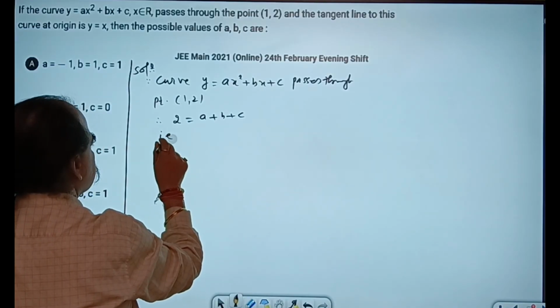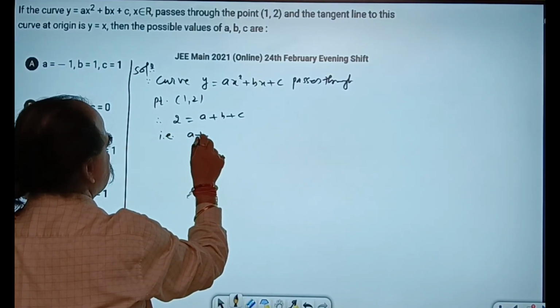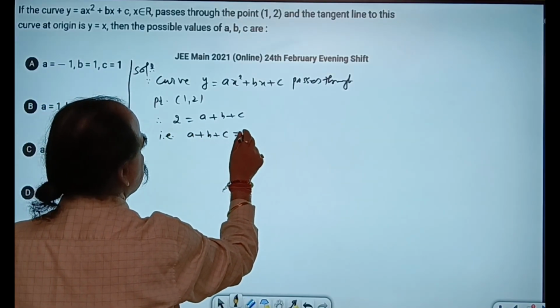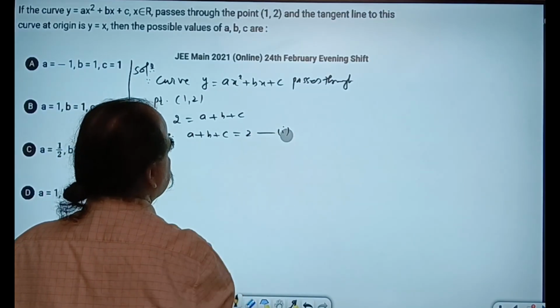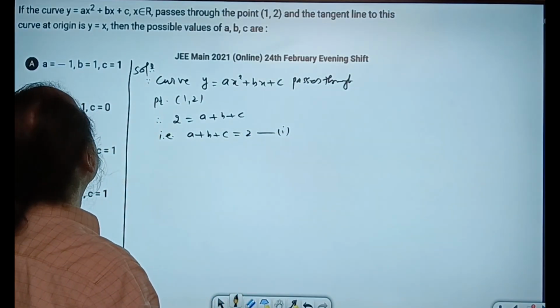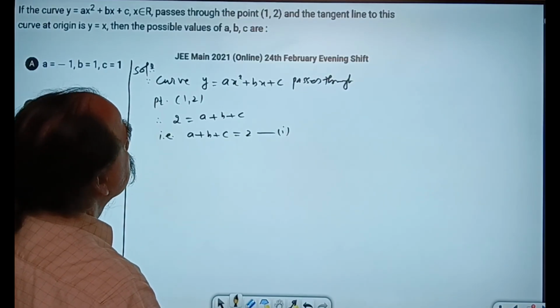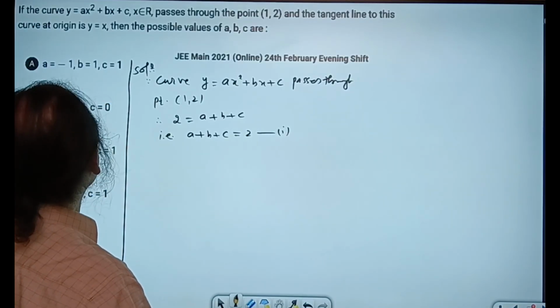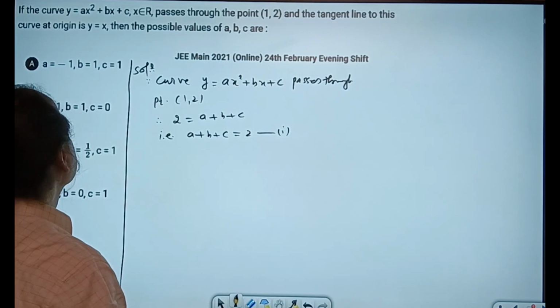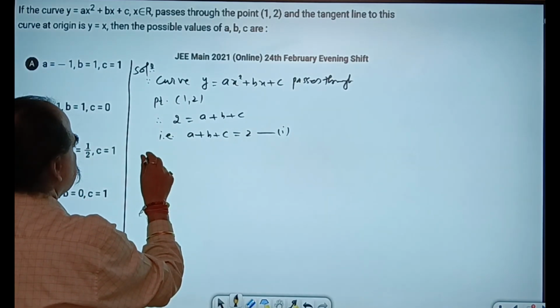That is, a plus b plus c is 2. Equation number 1. And the tangent to this curve at origin is what? y is equal to x.